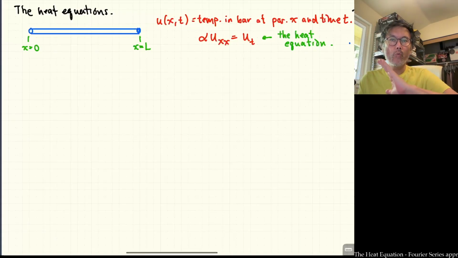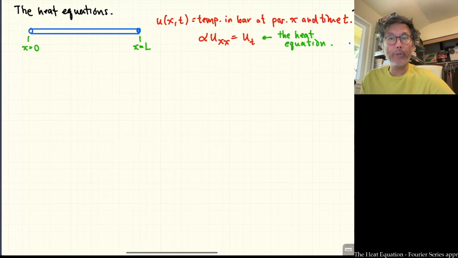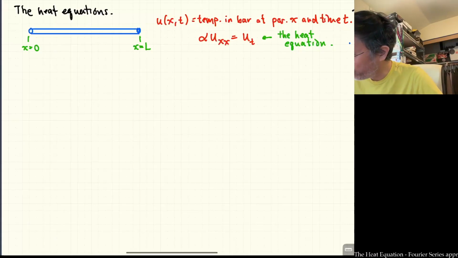Now, we should specify some further assumptions in order to make this problem solvable. We're going to specify what are called boundary conditions. These are specifications of what's going on at the boundary of the bar. So we'll specify that when x is 0, u of 0 comma t is going to be equal to 0.